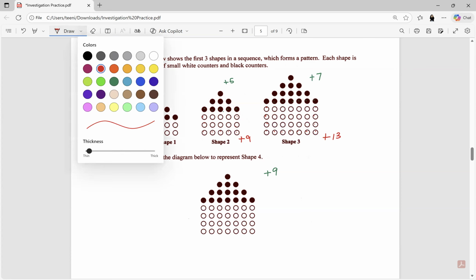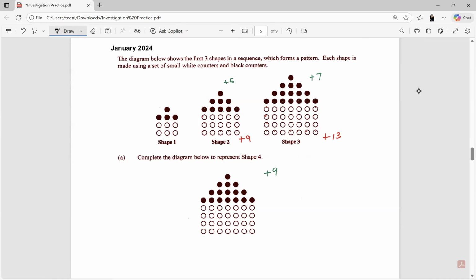Okay. Well, let's see if you're right. So we need 9 black ones. 1, 2, 3, 4, 5, 6, 7, 8.